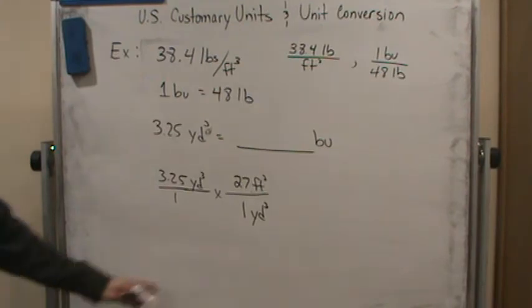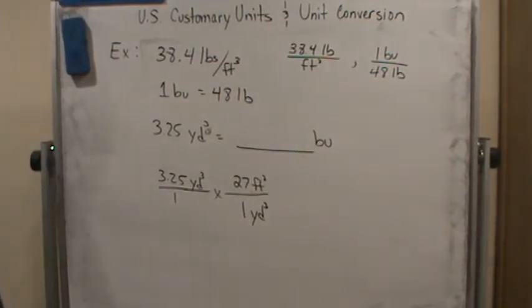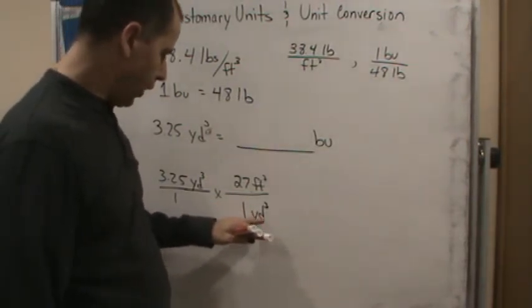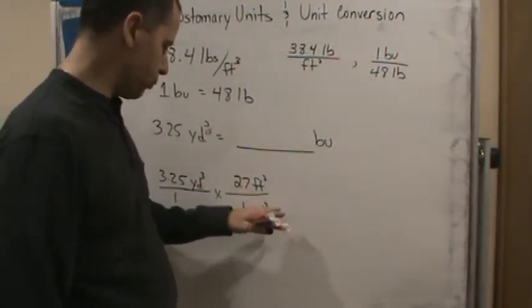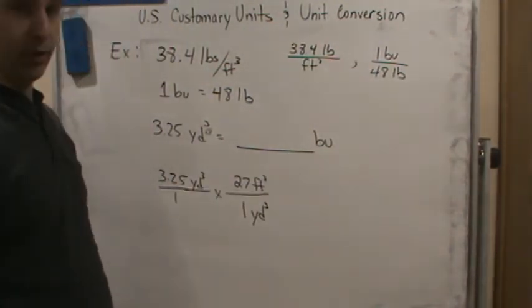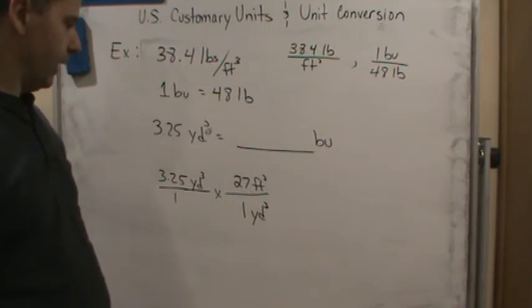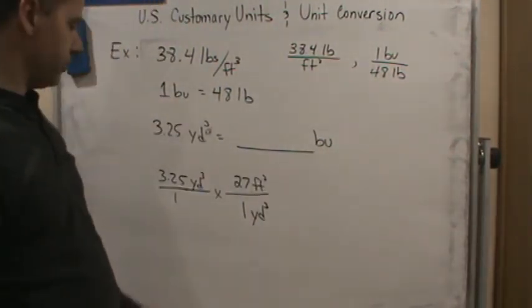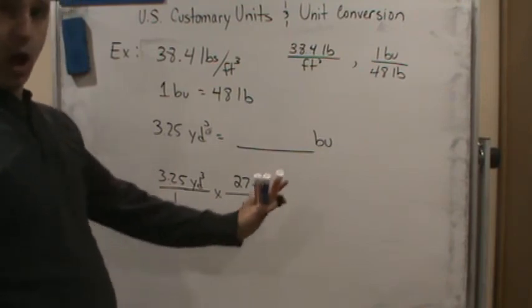So that's one of the unit ratios you should know. And if you don't know that, then you can still get it by doing 1 yard is to 3 feet times 1 yard is to 3 feet times 1 yard is to 3 feet, and you'll get it that way too. It'll just make your chain of conversion factors longer.